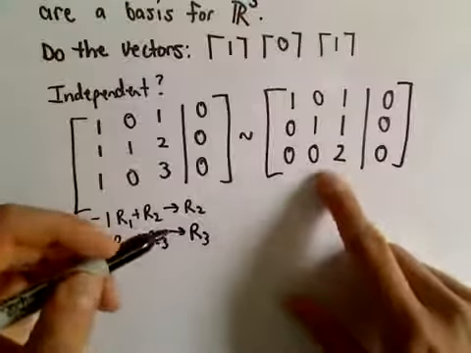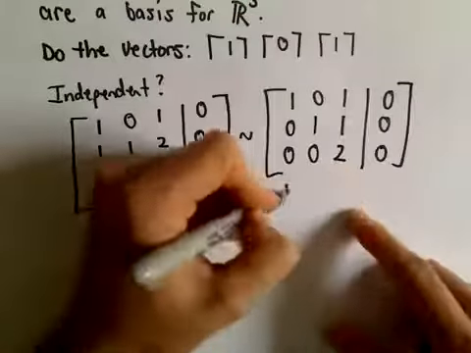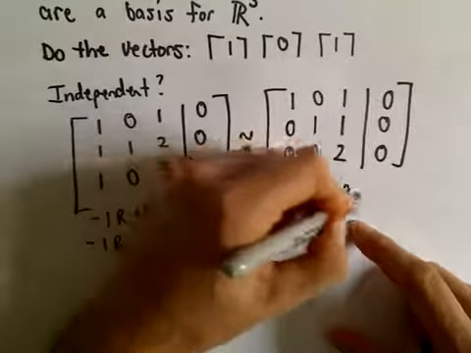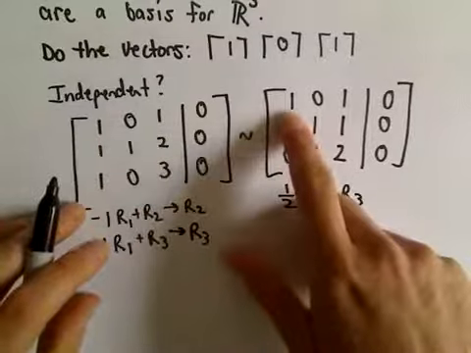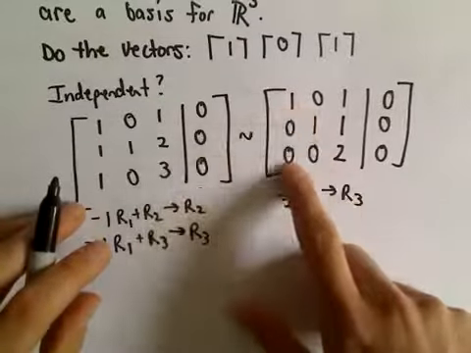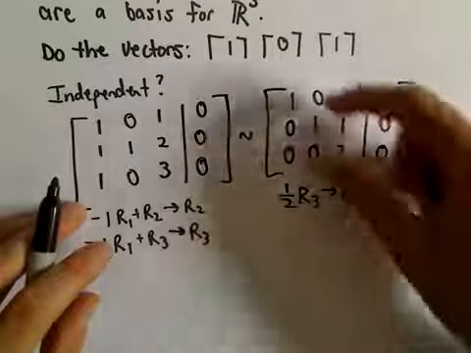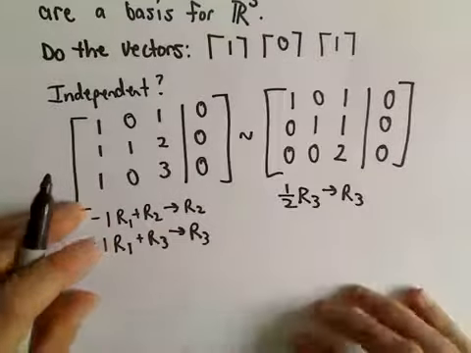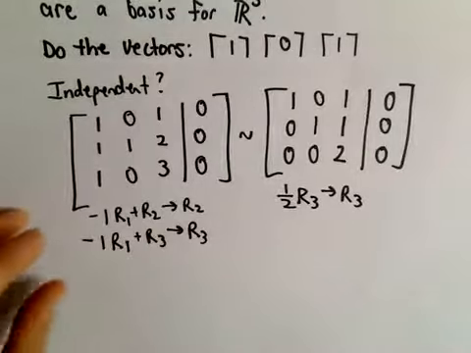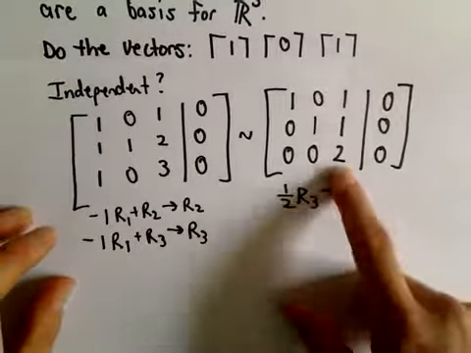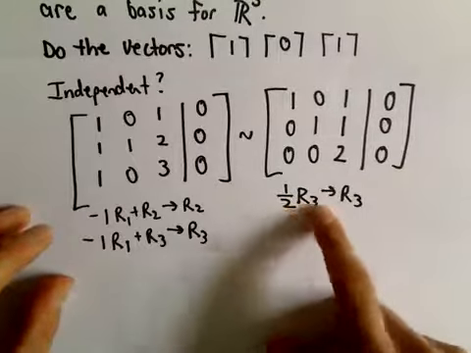So the next thing I'm going to do, I can take 1/2 of row 3 to get my new row 3. Again, I want a 1 in the first row, first column, zeros everywhere else, and I have that. I want a 1 in the second row, second column, I have that, and zeros everywhere else. So this problem's obviously set up a little conveniently because that immediately happened. Then I want a 1 in the third row, third column, so I'm just going to divide by 2.